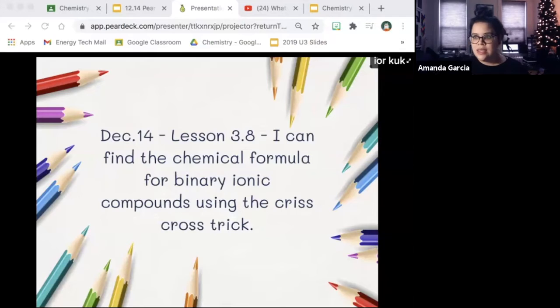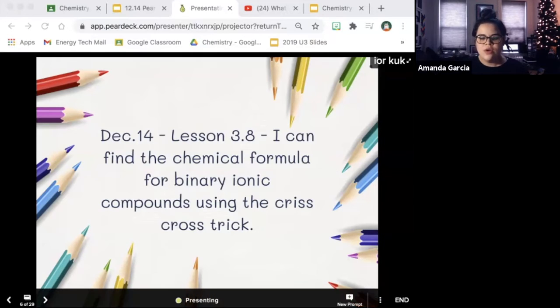Carbon dioxide's chemical formula is CO2, which is one carbon bonded to two oxygen atoms. And something like glucose, C6H12O6, means six carbon atoms bonded to 12 hydrogen atoms bonded to six oxygen atoms. Okay, and so those are going to be chemical formulas, which we're going to start looking at today.